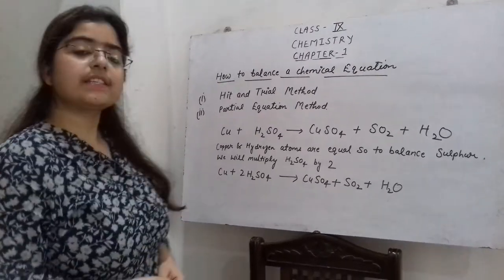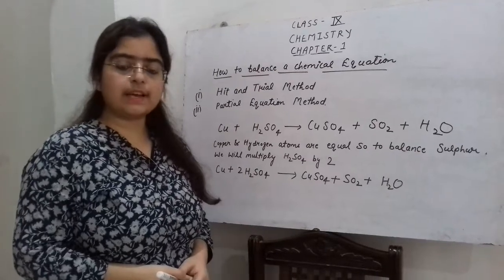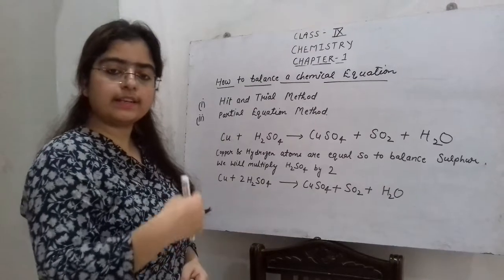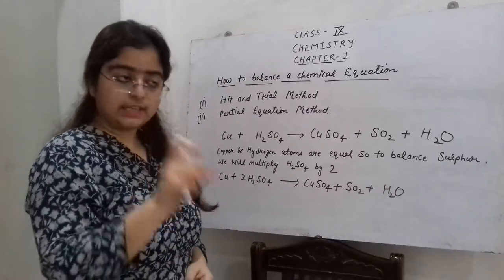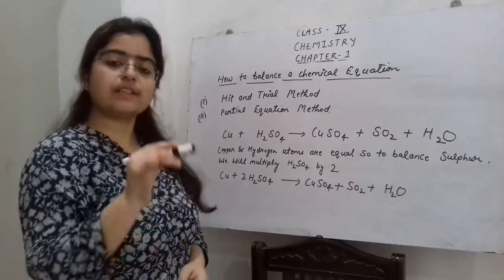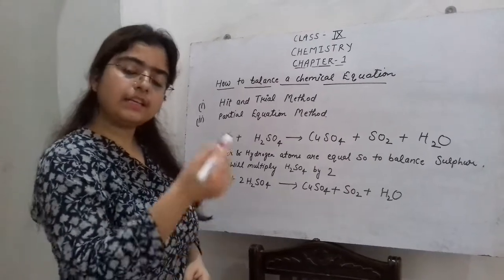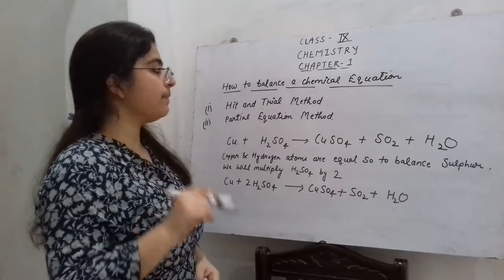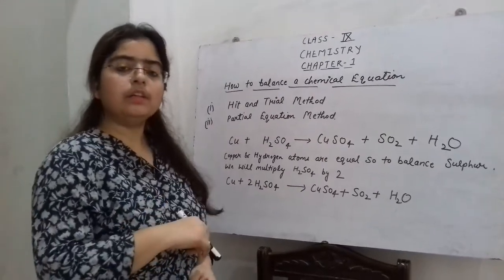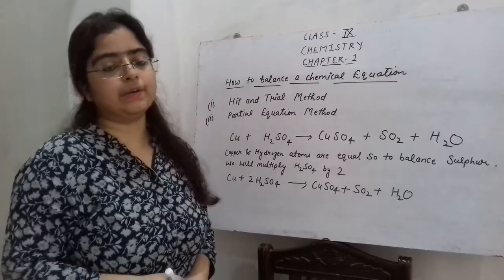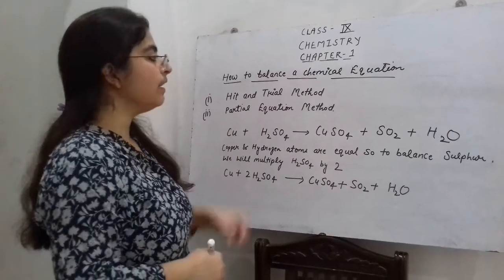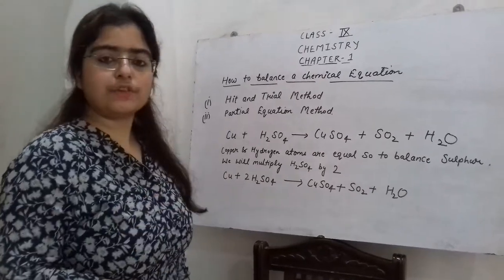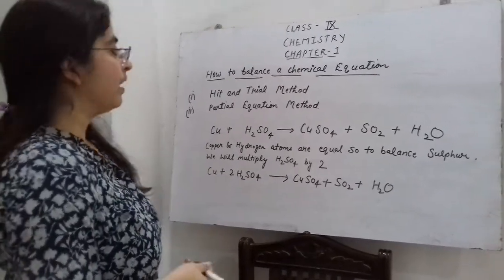And if an equation is unbalanced, then it means that the atoms which are unequal on the reactant side and the product side, it indicates that atoms are either created or destroyed, and therefore this unbalanced equation will not follow the law of conservation of matter, and therefore we balance a chemical equation in order to comply with the law of conservation of matter.